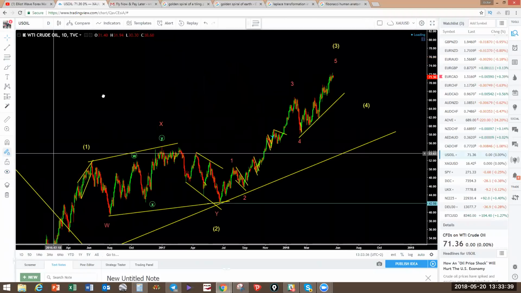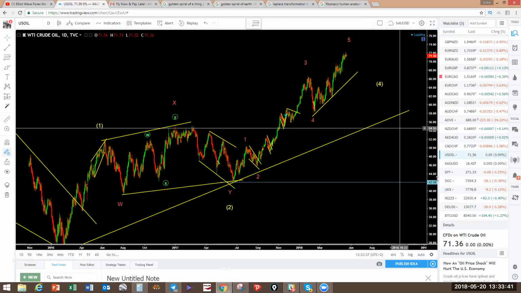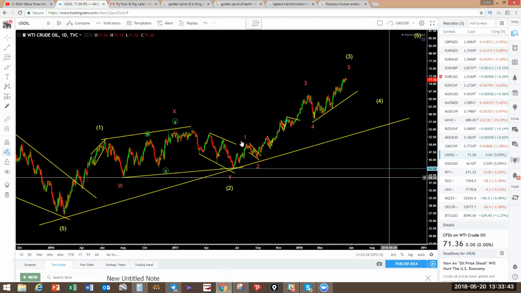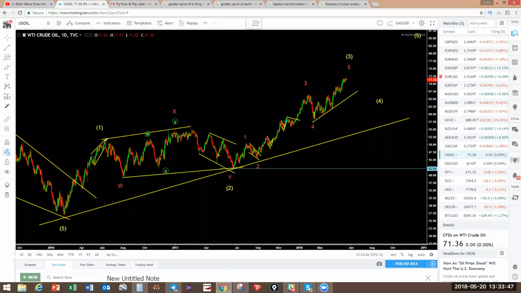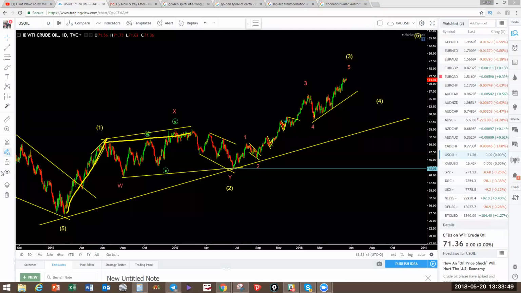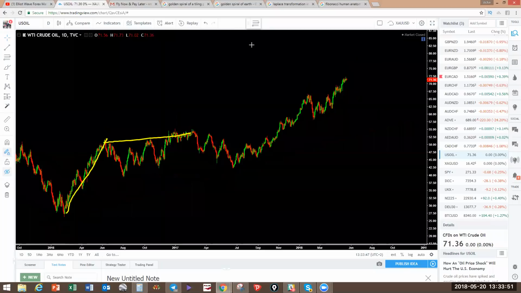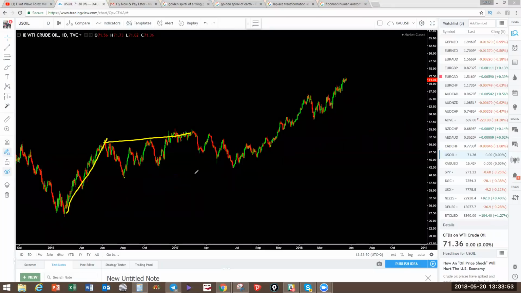If you look at this here, we had a pulsing move, which was a 1, and let's switch off the labeling, we had this running flat here, and we got all of this move. That is a 1, 2, 3, 4, 5, and it looks like this is now a 3, a 4, and then a 5. And then from there, we're going to expect a pullback at some point.